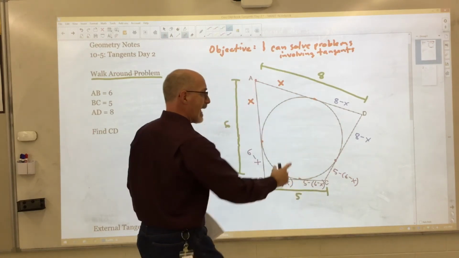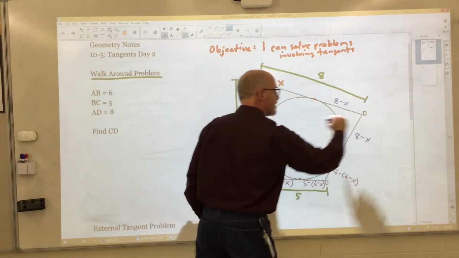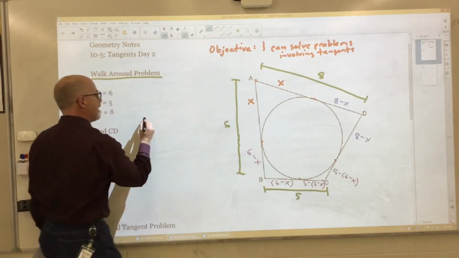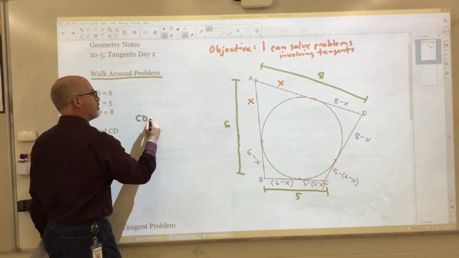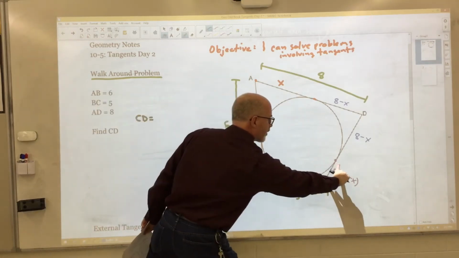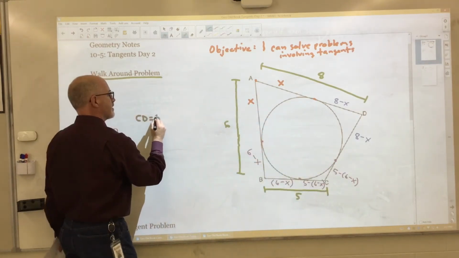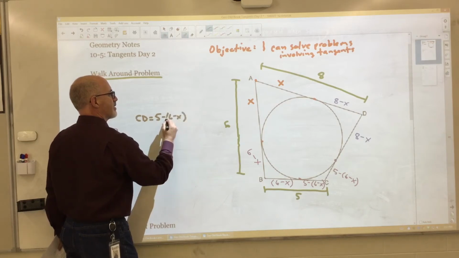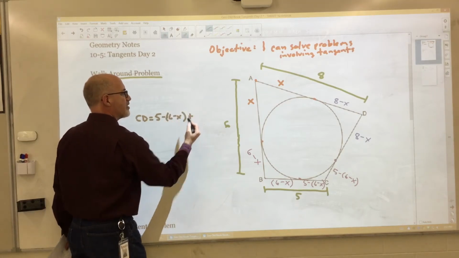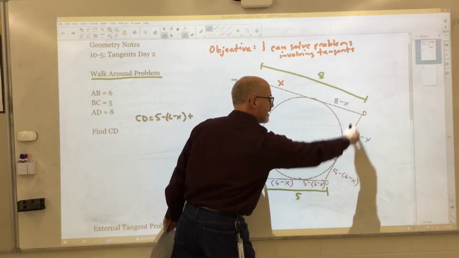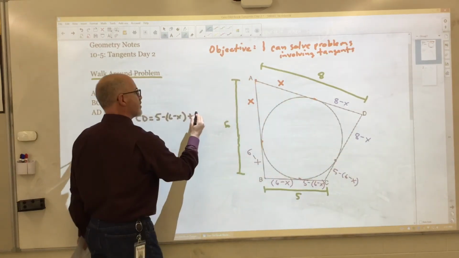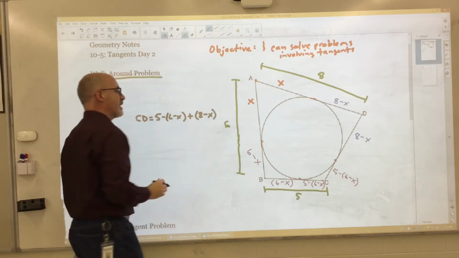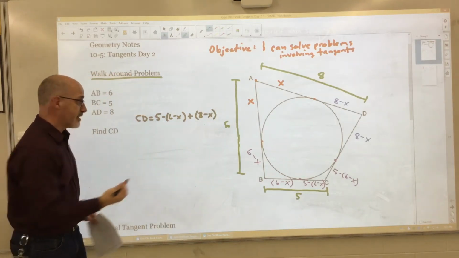Let's go ahead and add these two smaller pieces together to equal CD. So CD will equal this part here, 5 minus (6 minus X), and we're going to add it to this segment here to get the whole length, so that's 8 minus X. Now, let's simplify this side.